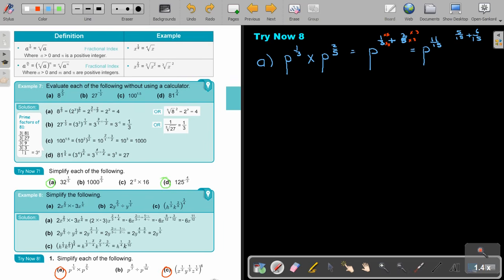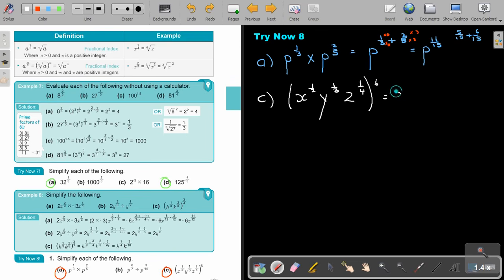And then number C. In this case, it is x to the power of a half, y to the power of 1 over 3, and z to the power of a quarter, and that's to the power 6. Now here I can multiply.